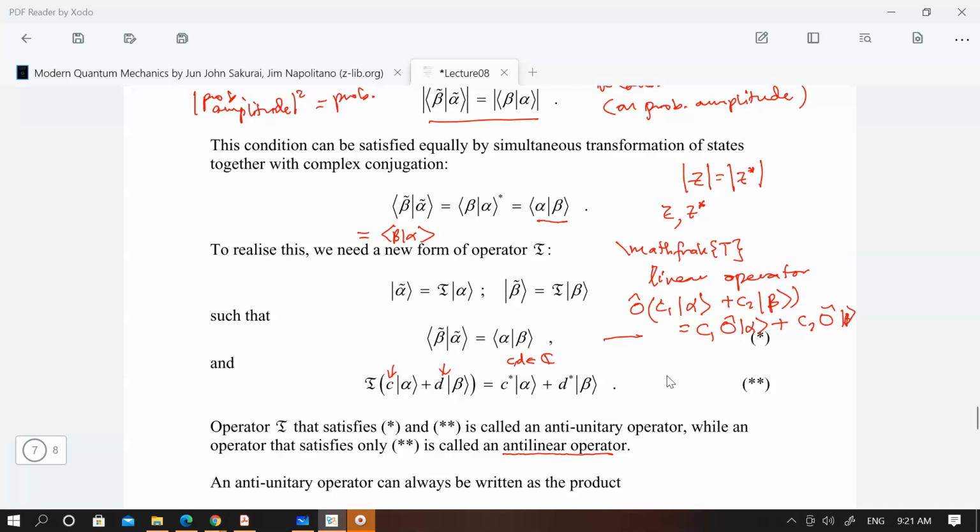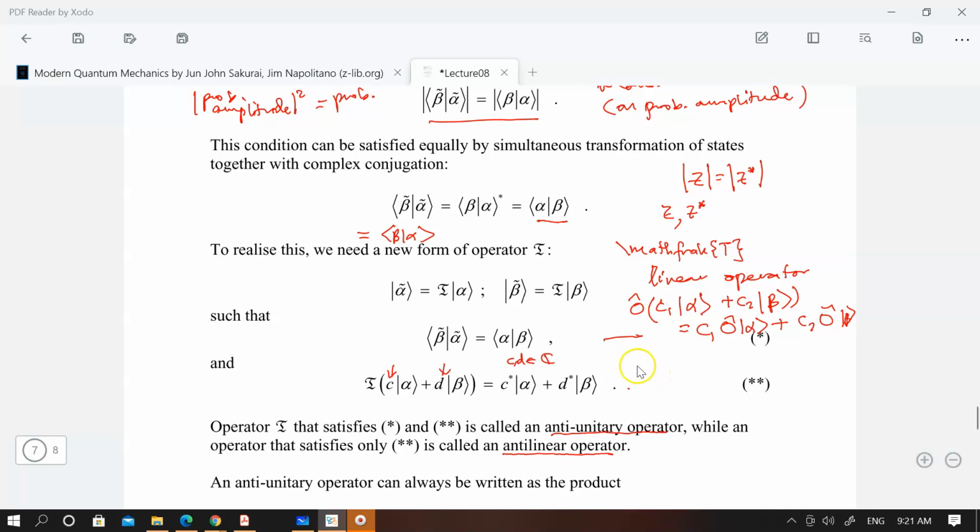If you combine this property of an antilinear operator together with this particular condition, then we get what is called an antiunitary operator. So the antiunitary operator has both star and double star.